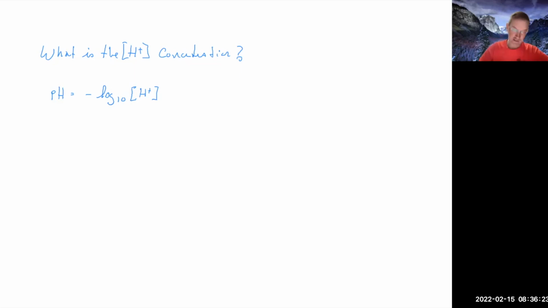If we rearrange this, I want to move the hydrogen ion concentration, H+, equals, and in this case I want to bring this 10 down. So it equals 10 to the minus, I'll move this minus over here, 10 to the minus pH. All right, so that's mathematically how we could do that.